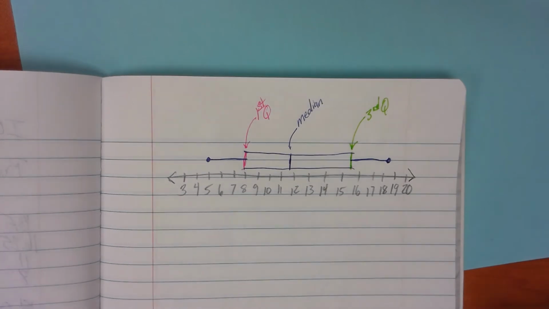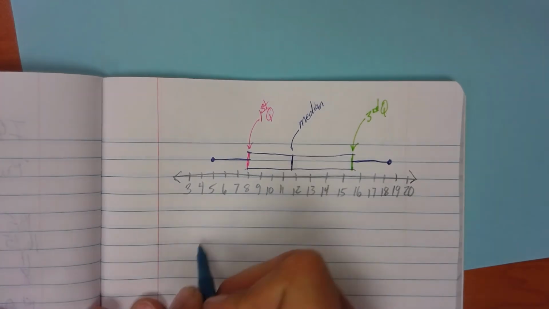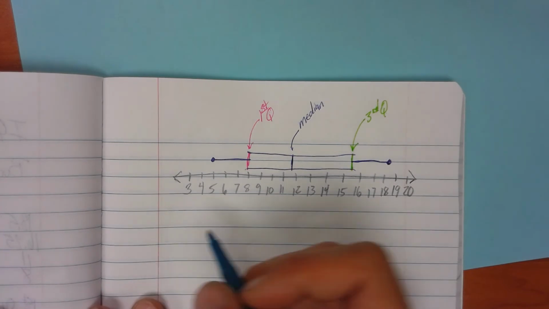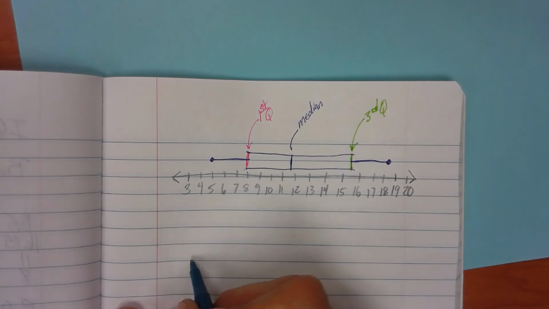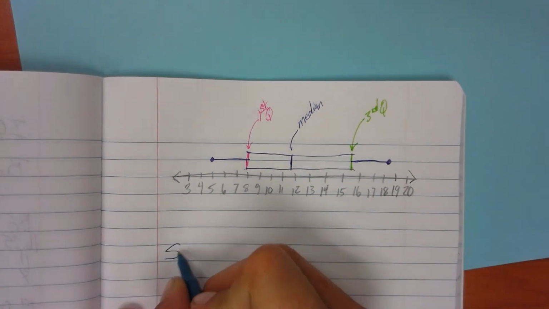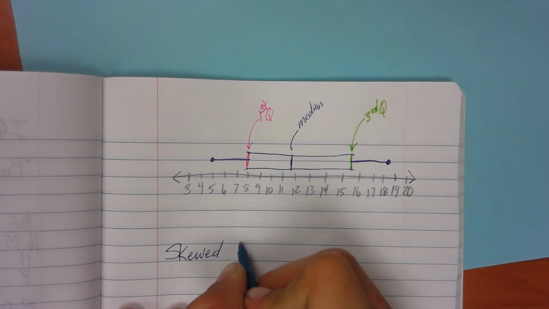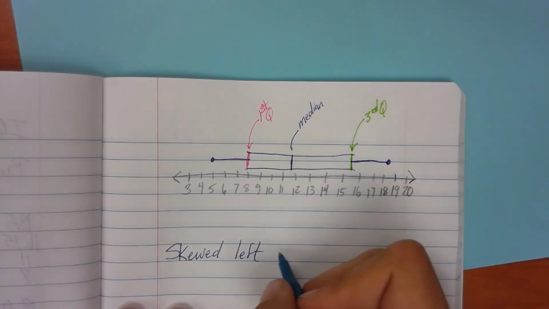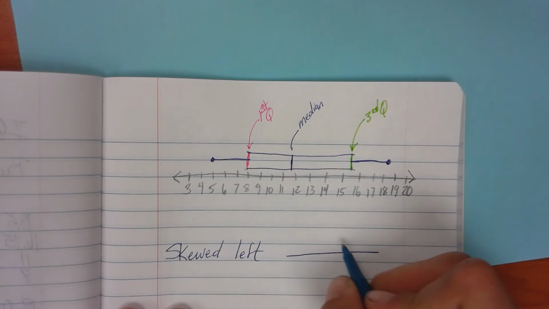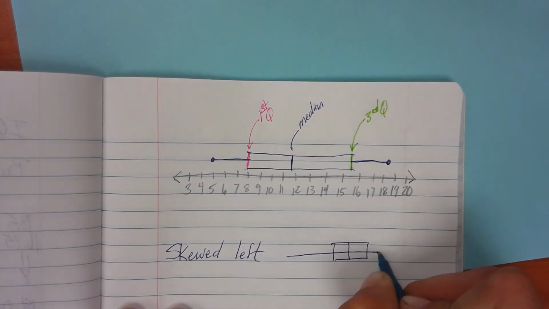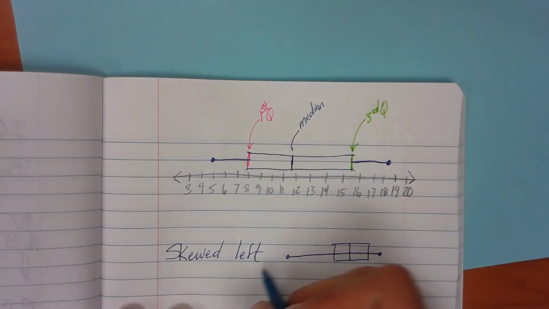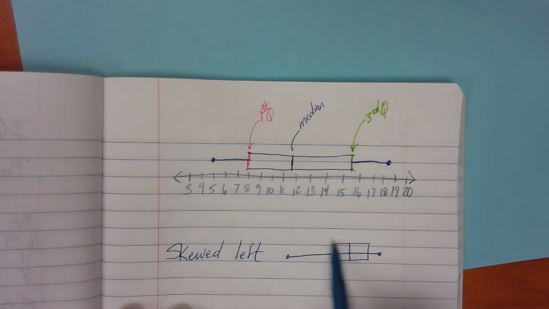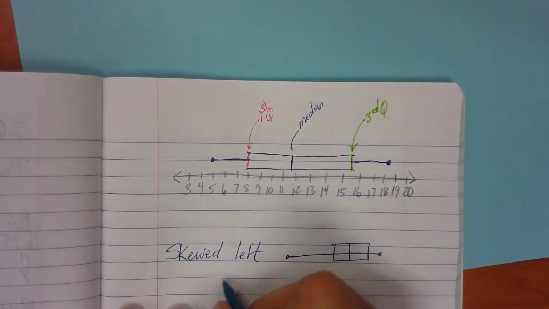So skewed left, you notice it has a longer left whisker and most data is on the right.